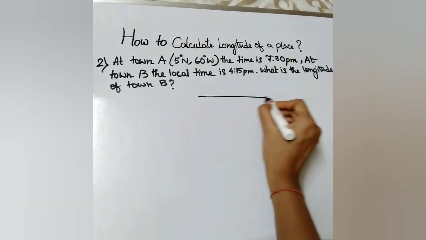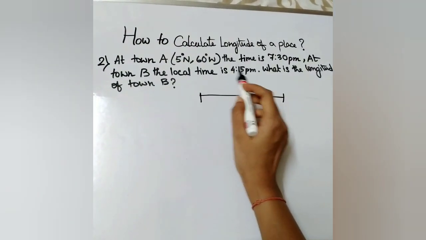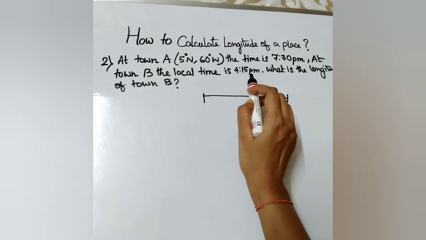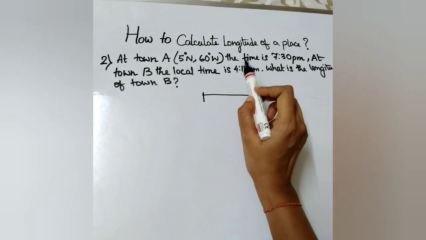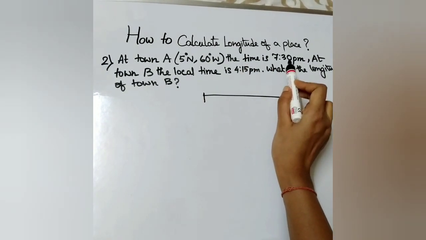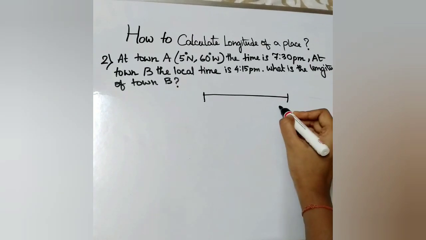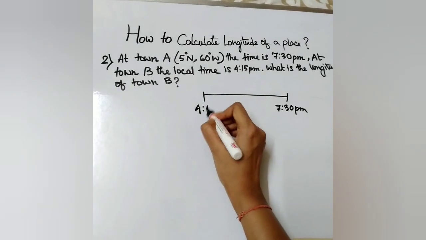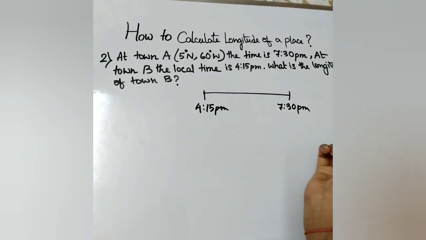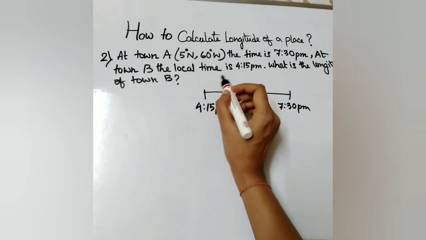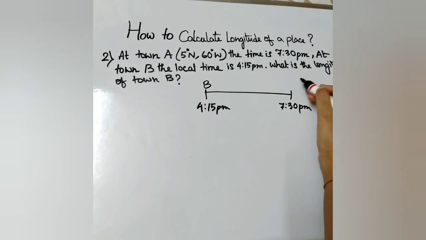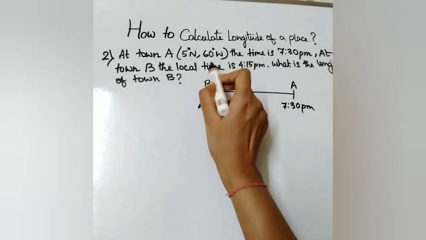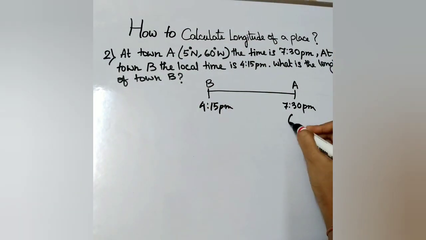So if we draw like this, firstly town A is 7:30 p.m. The second one is town B, 4:15 p.m. Obviously town B is behind 7:30 p.m. It is behind of 7:30 p.m. Obviously 4:15 p.m. means town B and 7:30 p.m. means town A. Now you can see the town A's longitude is given as 60 degree west.